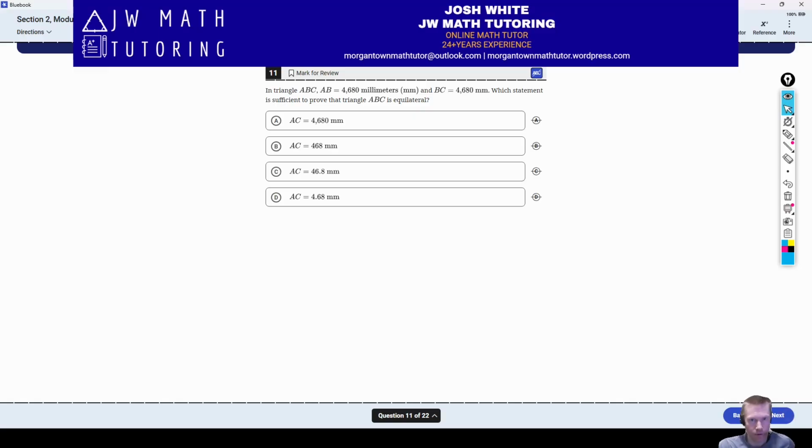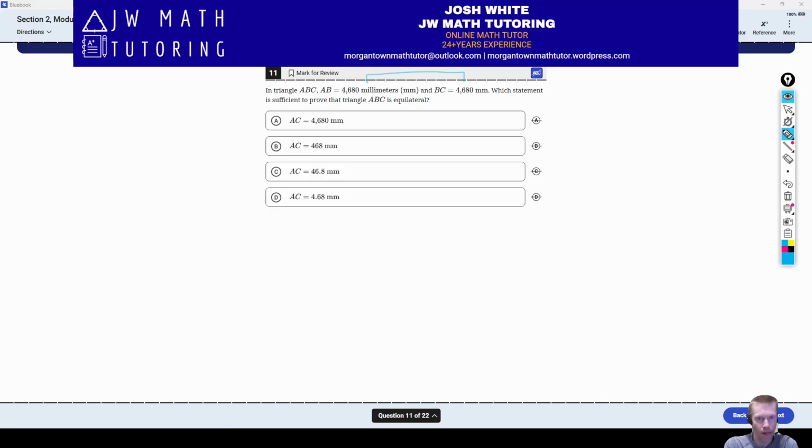All right, next up. You have a triangle. You're given two of its sides. Notice these two sides have the same length, i.e. they're equivalent. They're congruent, I guess really what I should say. And it wants to know which statement is sufficient to prove it's equilateral.